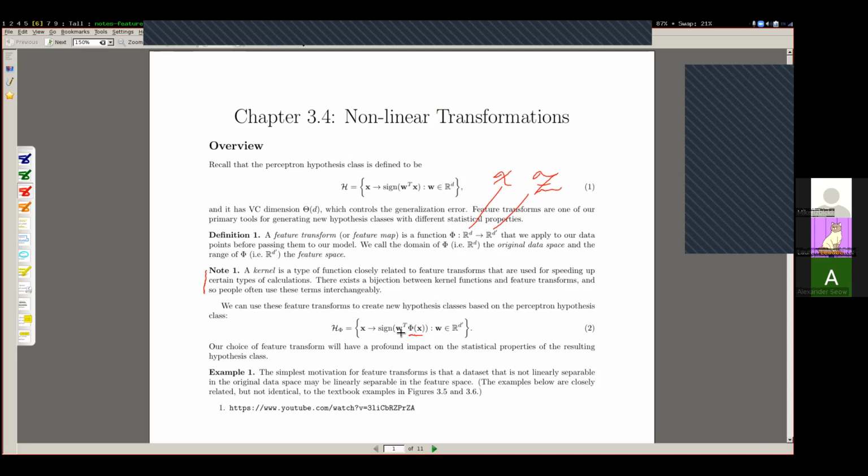And so our weight vector w is now in this d' space instead of the original d space. And by choosing a good phi function, we can manipulate exactly the statistical properties of this and get good results.